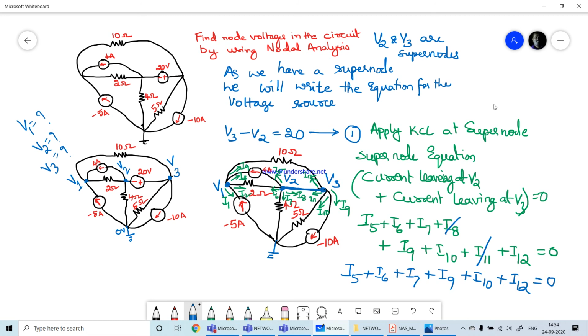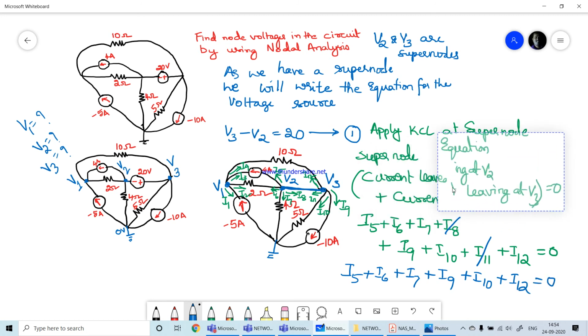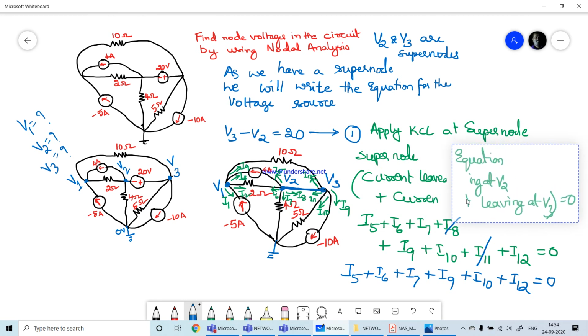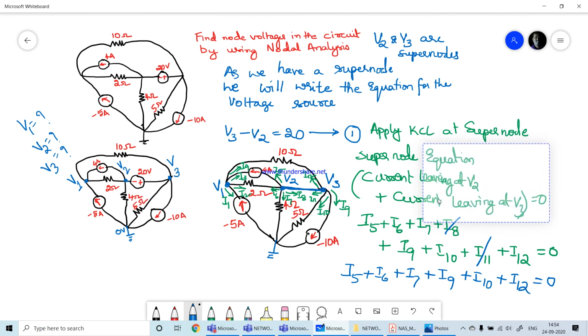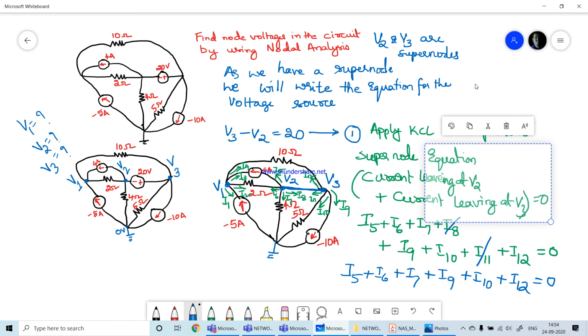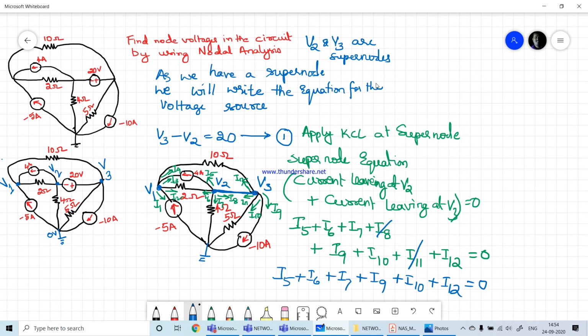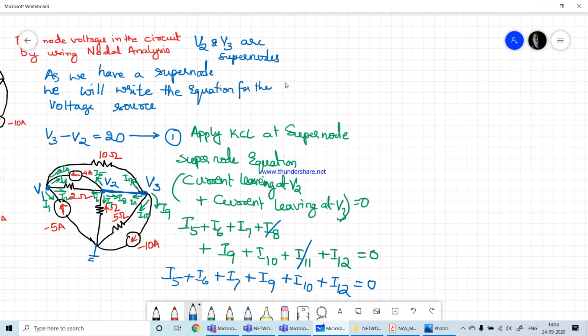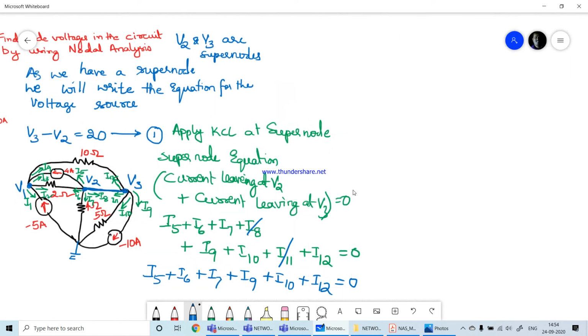This is the equation that we have, which is the KCL at the super node. Okay. Now let us see what is I5. Here I5 is the current flowing through this particular 4 amp current source.